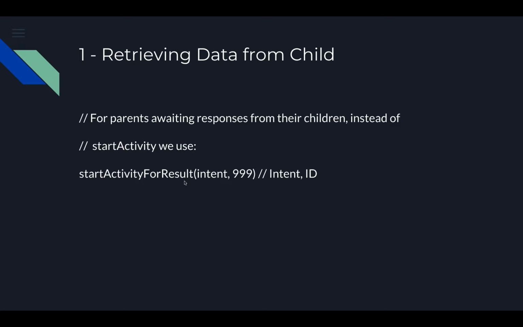And now that first activity is going to be expecting a result passed back. The only difference is we're passing in some ID number, because I might be launching several activities, and I want to know when I get a result back which activity it was from.